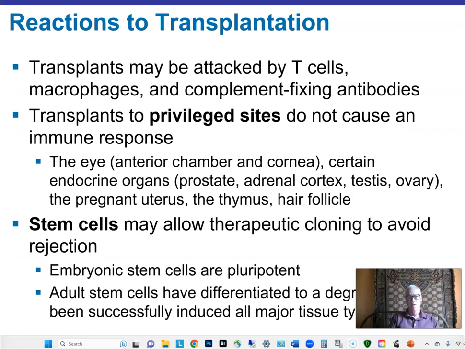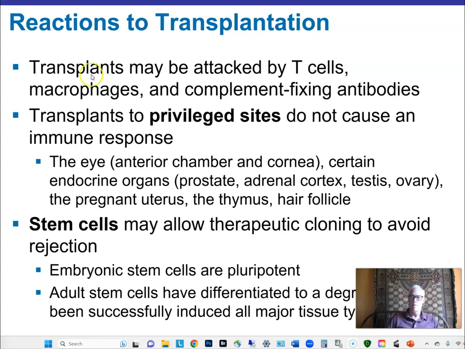Transplants. We said that transplants have foreign MHCs or HLAs, and that causes them to be attacked by the immune system. Complement-fixing antibodies may be produced, which will then cause activation of neutrophils and macrophages and so forth, damaging that tissue.